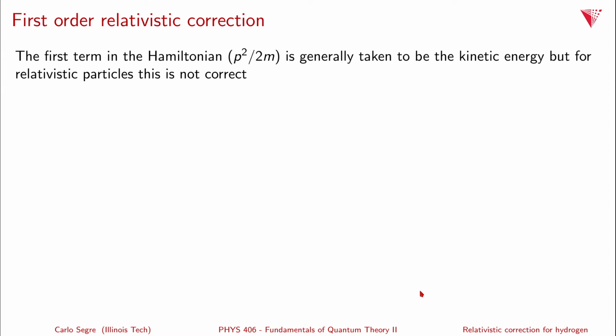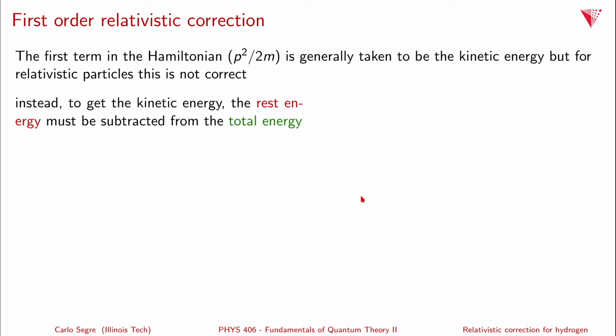So the first term in our regular Hamiltonian, p squared over 2m, is usually taken to be the kinetic energy. And this is fine for classical particles, but for relativistic particles, this isn't correct. Instead, in order to get the kinetic energy, you have to subtract the rest energy from the total energy of the system.